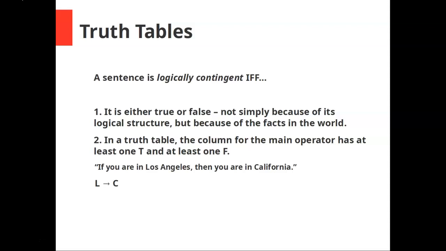That's not true simply because of its logical structure. That's true because of the facts in the world, because it's a fact that Los Angeles is in California. It could have turned out maybe that they drew the lines differently and Los Angeles is in Arizona or something like that. But because of the facts in the world, it's true that Los Angeles is in California, so therefore it's true that if you are in Los Angeles, then you're in California. Again, that's not true simply because of its logical structure. That's true because of the facts in the world.